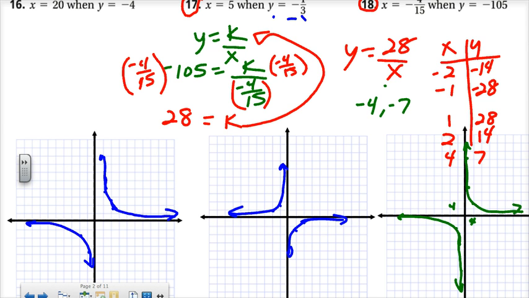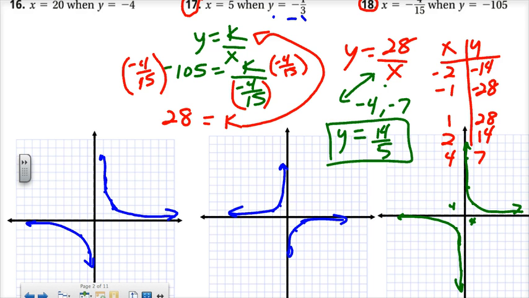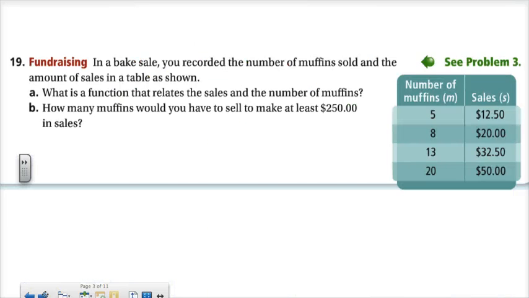And there it is. And then if we put a 10 in for x, y will equal 28/10, which is 14/5, because they wanted that 10 in there. All right, basic hyperbolas that we looked at there.